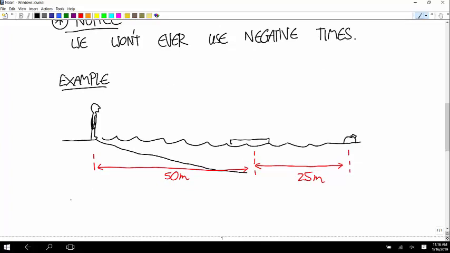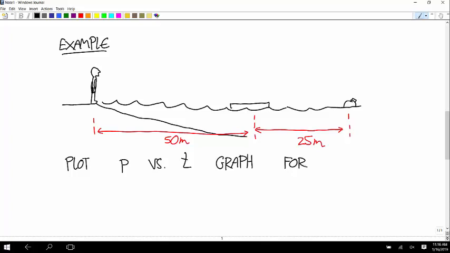And we want to plot a position versus time graph. So here's what the motion is. The swimmer starts on the shore and swims to the raft in 2 minutes.